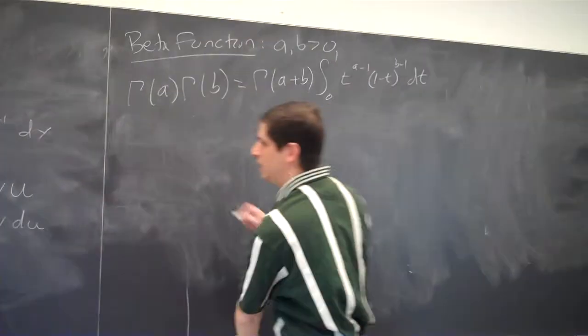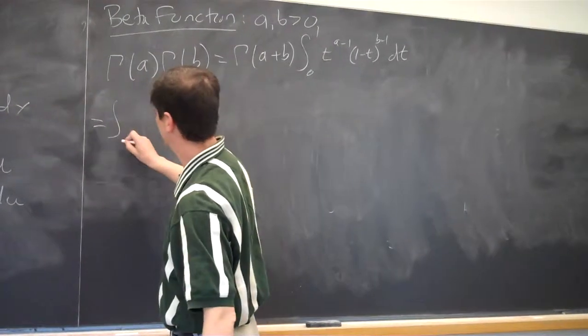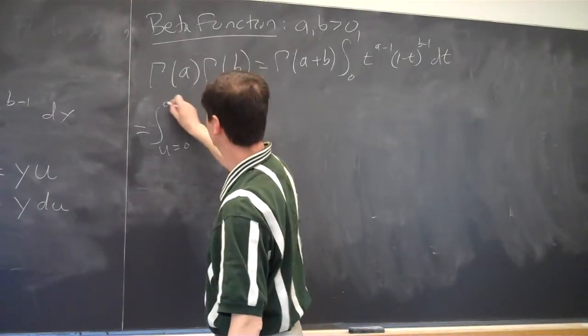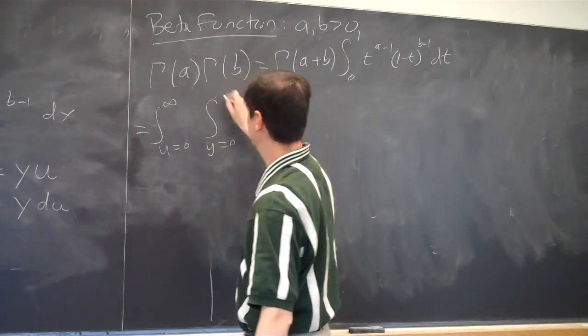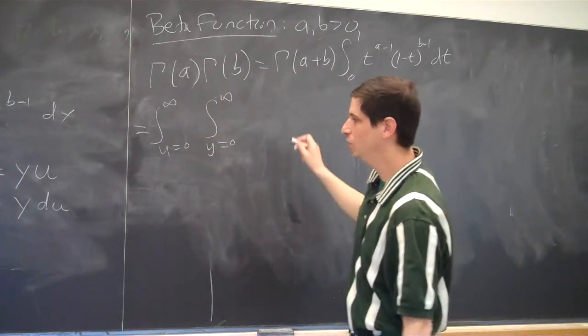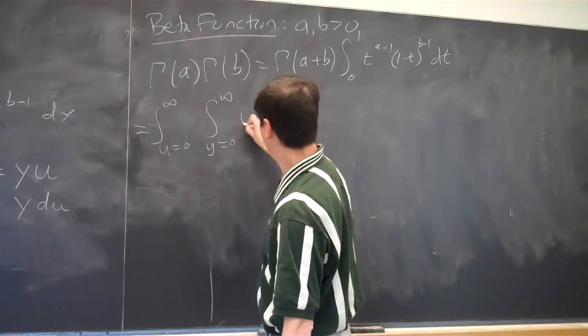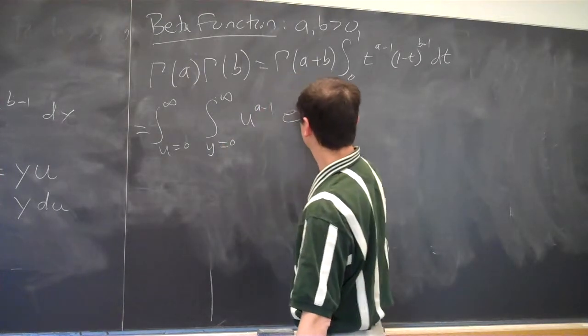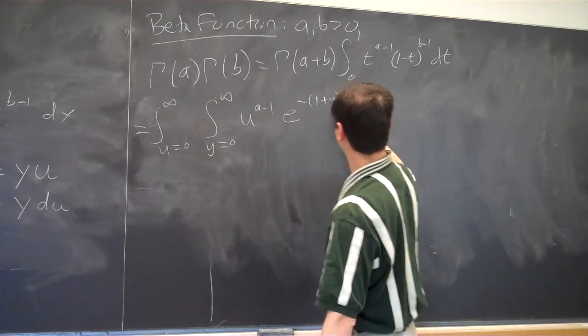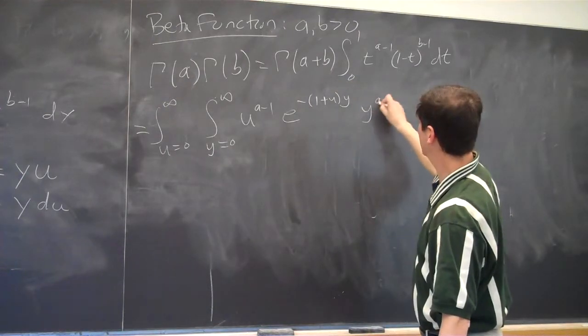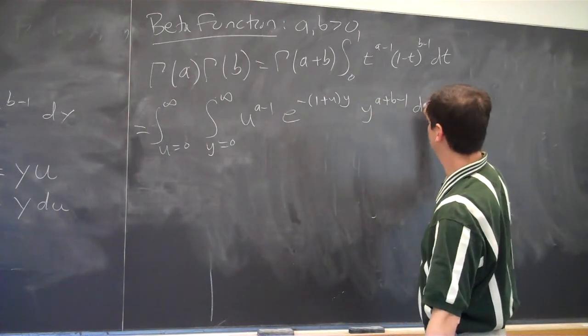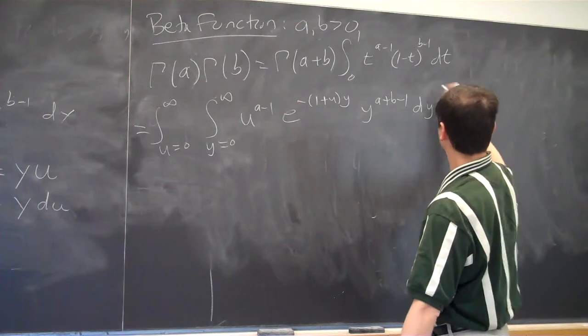So now we get the integral u goes from 0 to infinity, integral y goes from 0 to infinity, and now we will have u to the a minus 1, e to the negative 1 plus u times y, y to the a plus b minus 1 dy du.